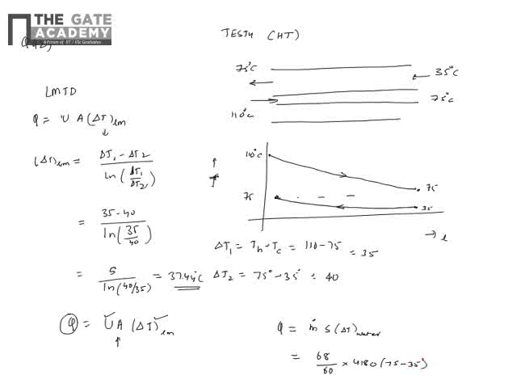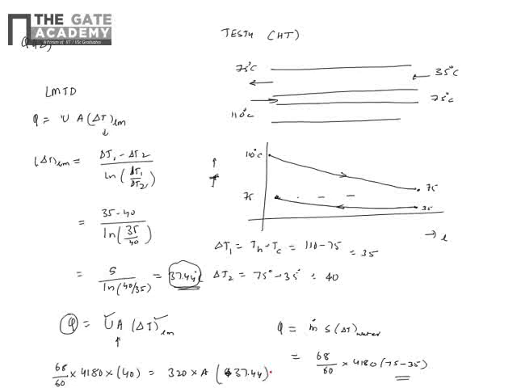So this is Q. Let me substitute 68 by 60 into 4180, into 75 minus 35 which is 40. U is the overall heat transfer coefficient, which is 320, given. Area is something which I need to find. Delta TLM, sorry, this value is delta TLM, which is 37.44.